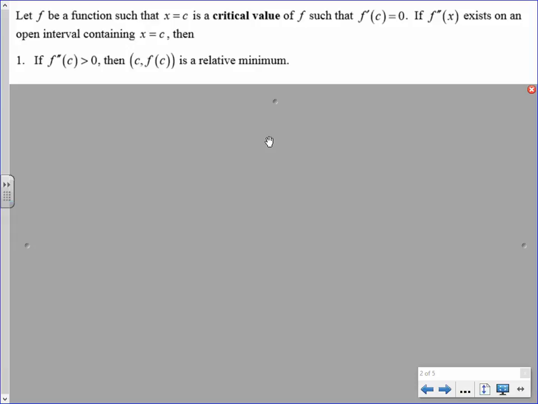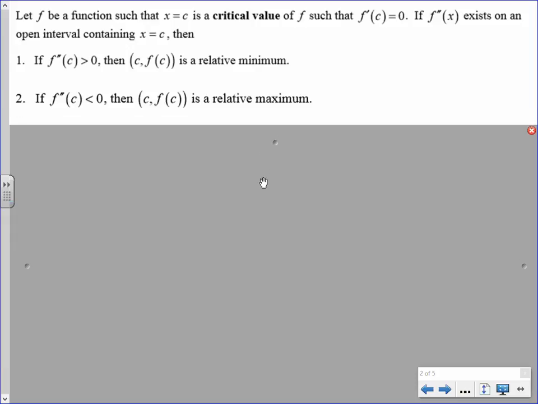Okay. Think about the picture that was on the previous slide. If our second derivative at that critical point is negative, then we know we are concave down, which means that critical point is a relative maximum.